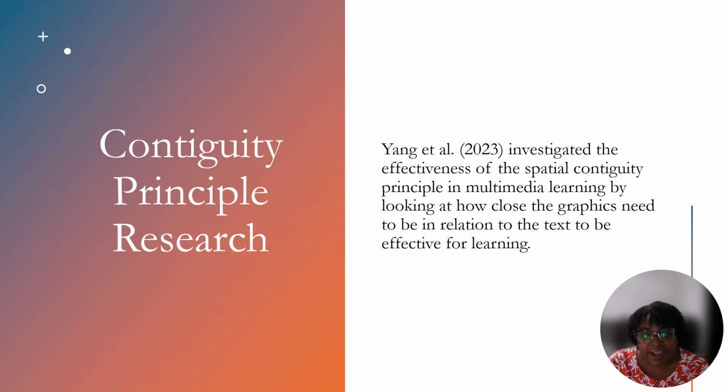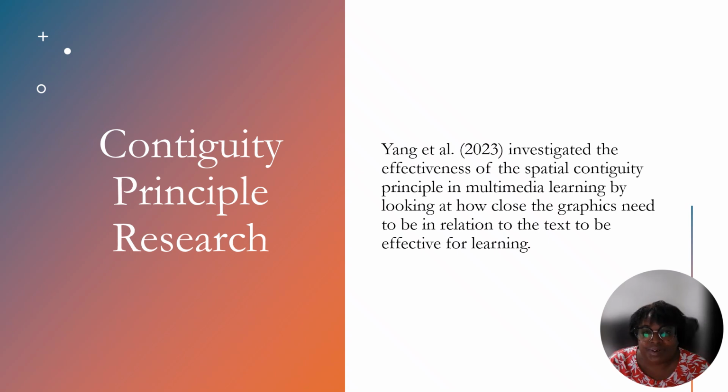As you remember, I talked about how it is important that the graphic is close to the text in order for it to be beneficial to the student. They hypothesized that text and graphic information given in the perifoveal view is better for spatial contiguity than information in the peripheral view.